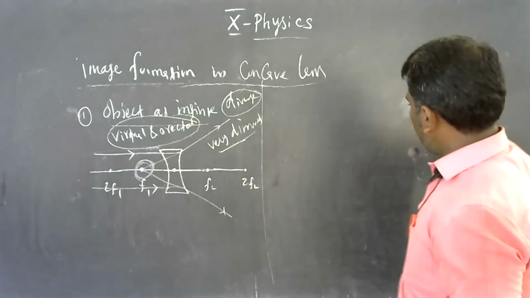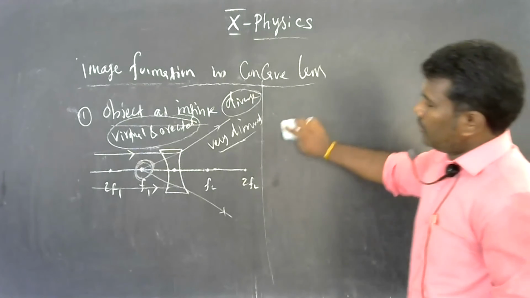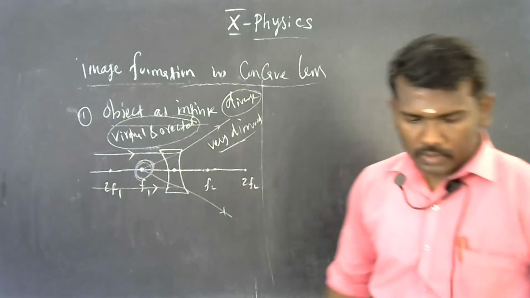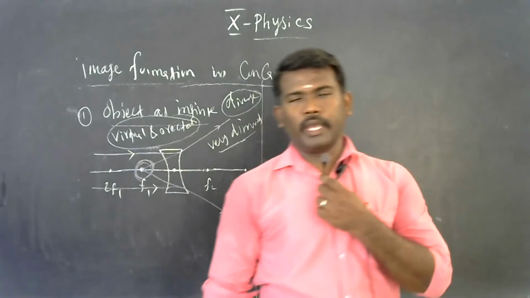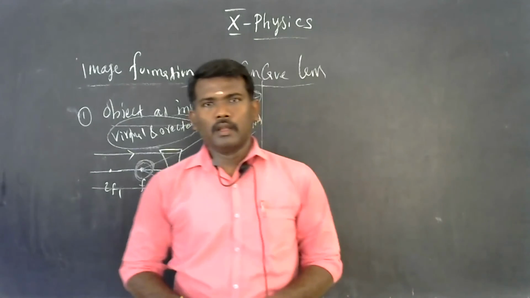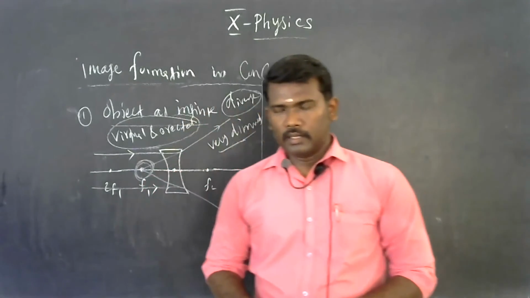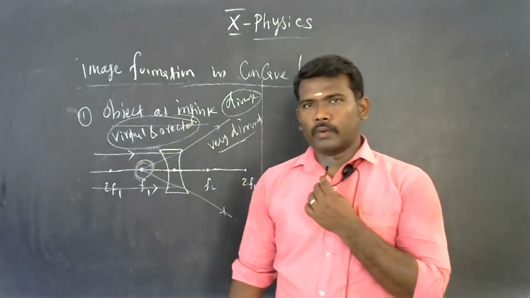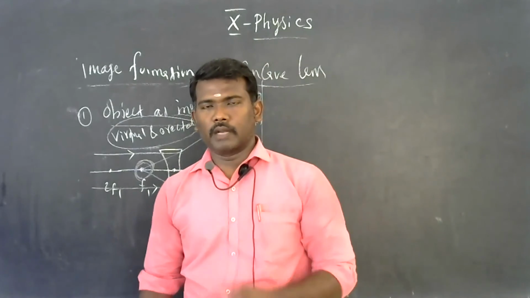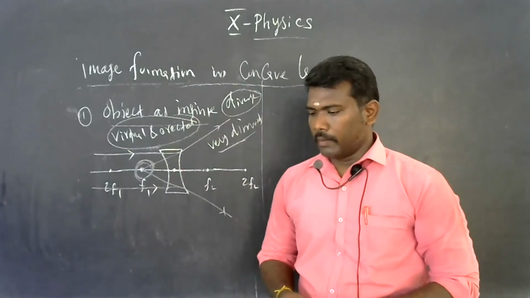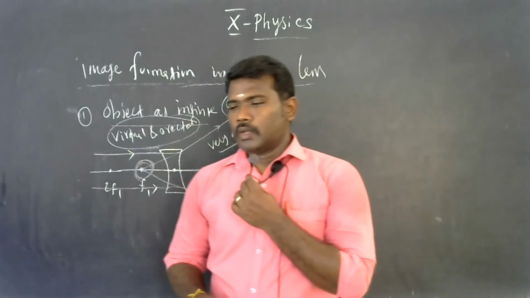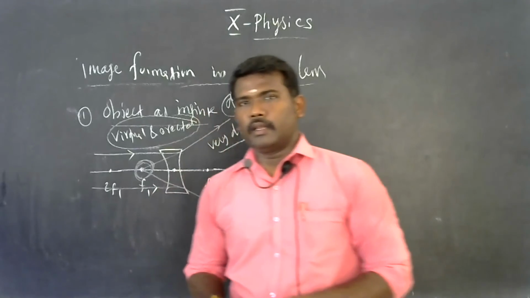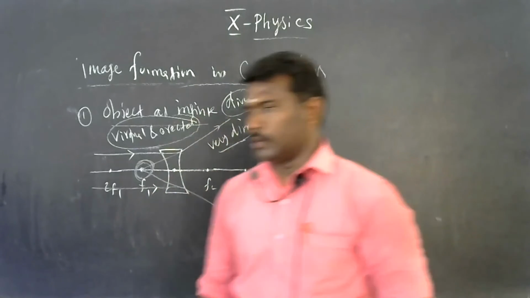So students, I hope all of you understand the concept of how to draw the diagram for image formation in convex lens and concave lens. Also you have studied the difference between the convex and concave lens. Now I am going to show the diagram separately in the PPT board. See the PPT board.